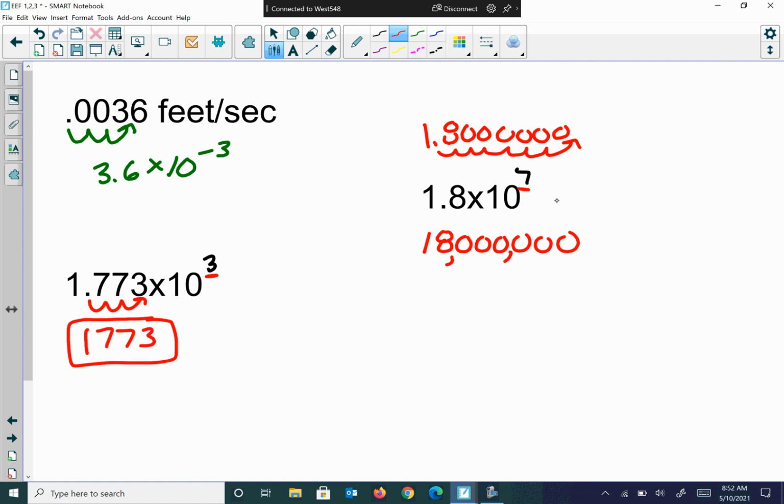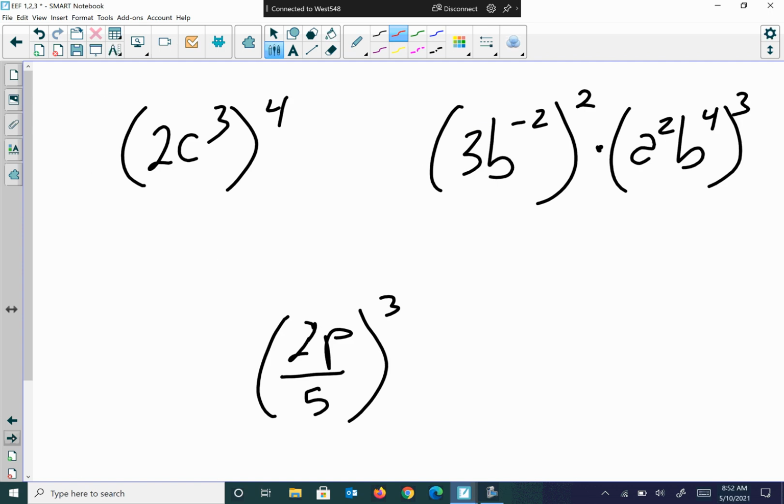So you're basically multiplying 1.8 times 10 million. But rather than doing that out, you just realize you're moving the decimal. If it's a negative exponent, the decimal is going to move. If it's a positive exponent, it's going to also move. So just be aware.